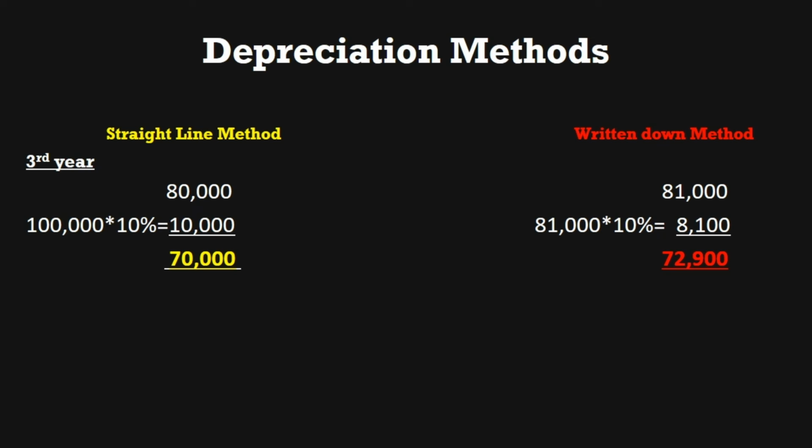Then we calculate on the original cost of the asset we purchased, into 10%, so it comes to 70,000. For the written down method, the second year balance is 81,000, so we calculate 81,000 into 10%, which is 8,100. Then 81,000 minus 8,100 is 72,900. You got it, correct? Written down takes from the written down value. Straight line takes the original cost only.